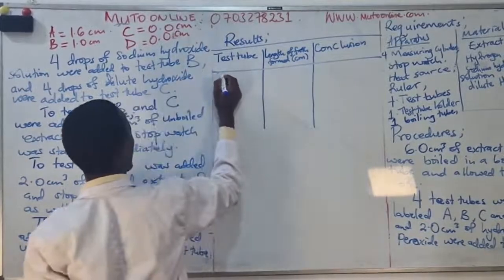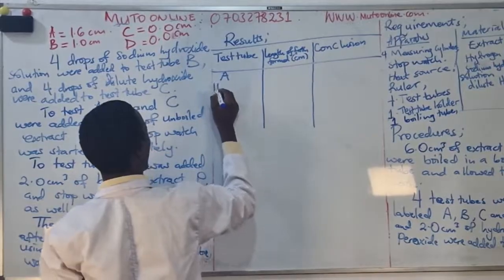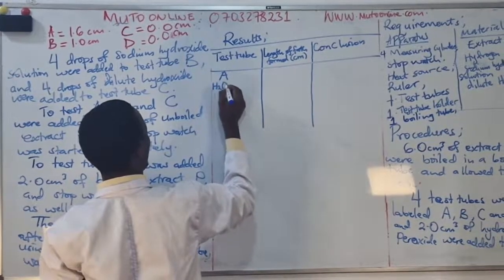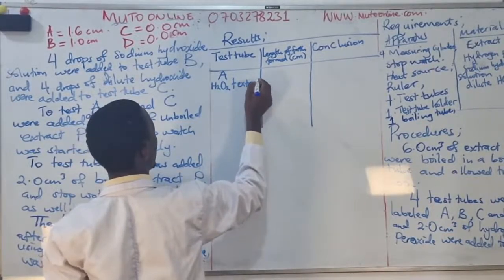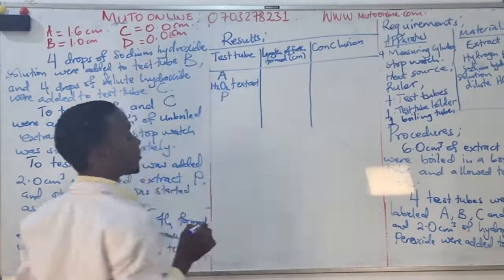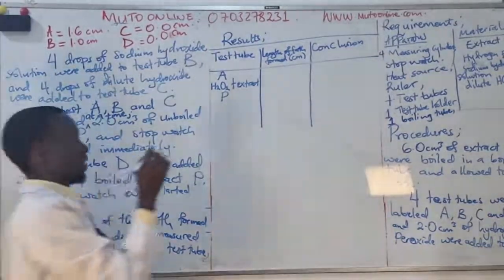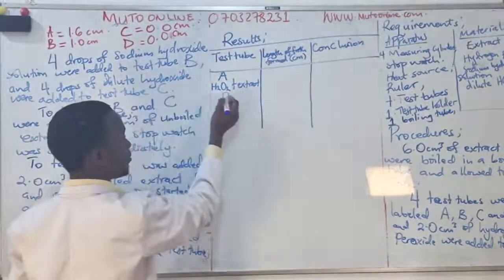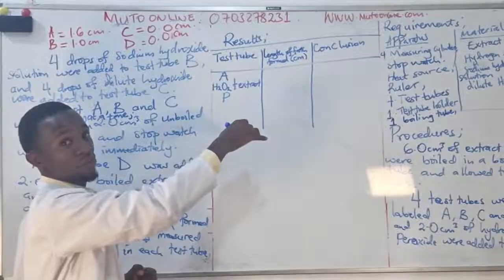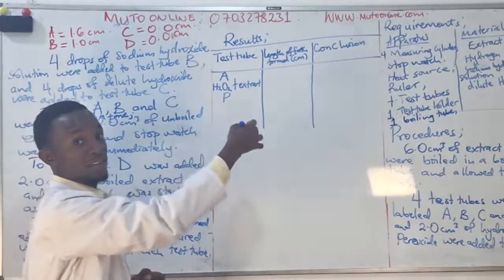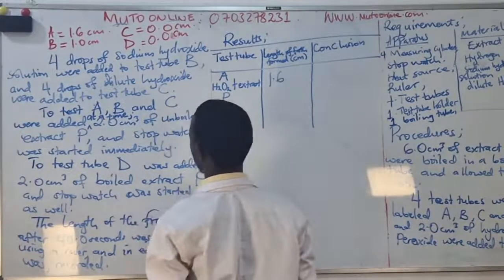So for test tube A, where there is hydrogen peroxide plus extract P. Please don't write abbreviations like mine. You describe that test tube well. Describe it well. I got my length of froth as 1.6.